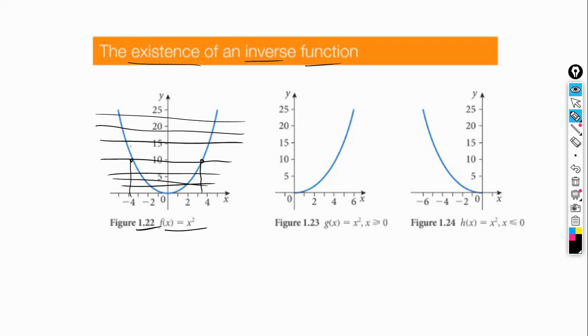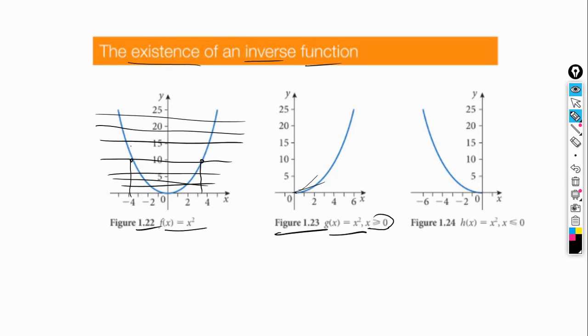So a trick you can do in order to find the inverse of a function like this one is limit the domain. Notice that in figure 1.23 we have g of x equals x squared, but the domain is limited to values of x that are greater than or equal to 0. That's why the graph starts at 0 and just goes towards the right, in terms of x. In terms of y, it keeps going up, obviously, because as you square larger and larger numbers, the line would go up.